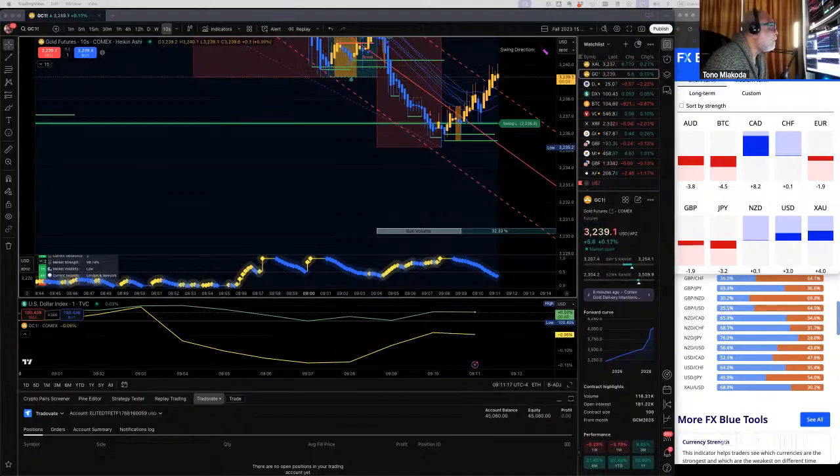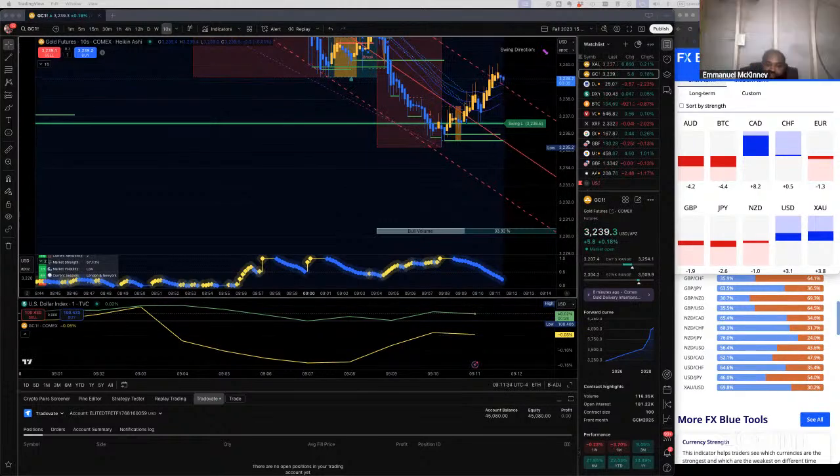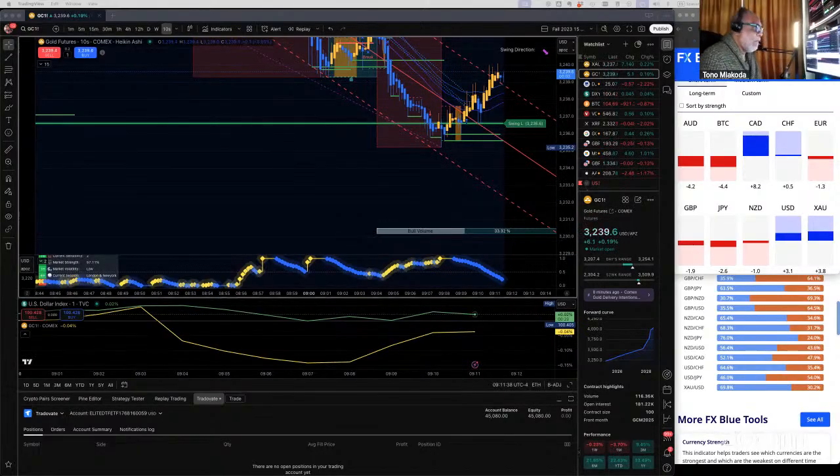Let's see. Help me to see what you're actually trading. I just sent you the new one. Yeah, that's cool. Go to the trade tab at the bottom.